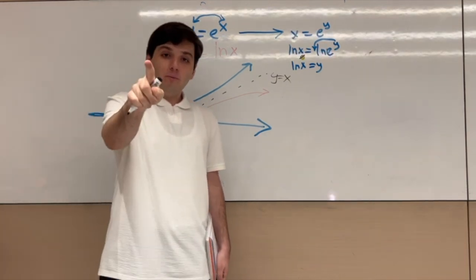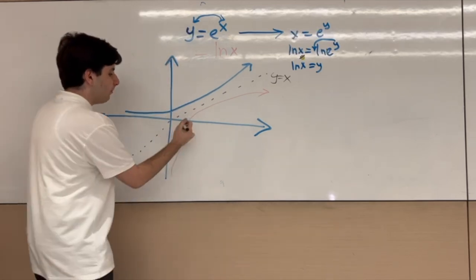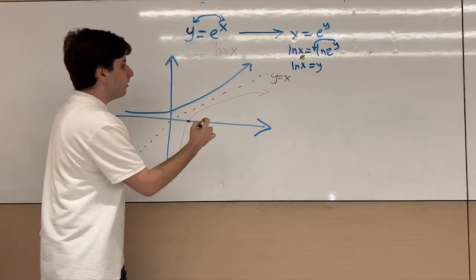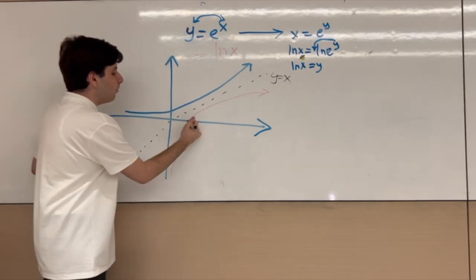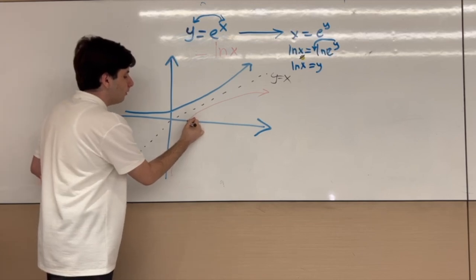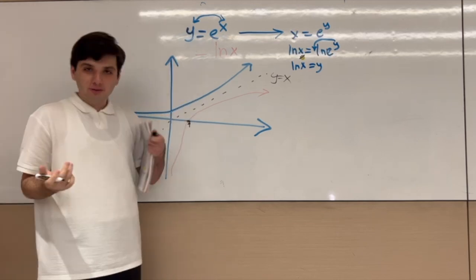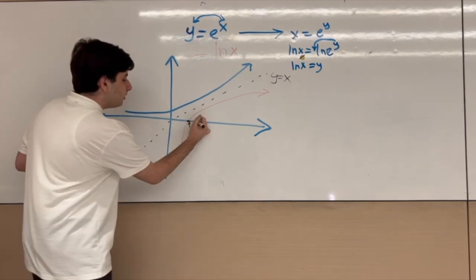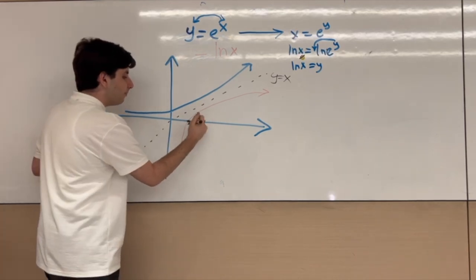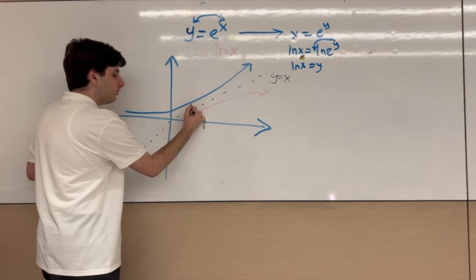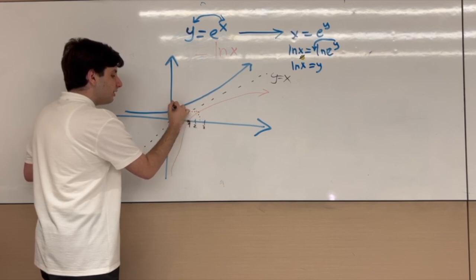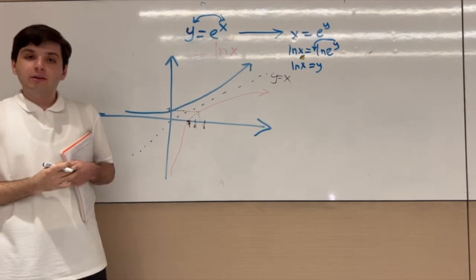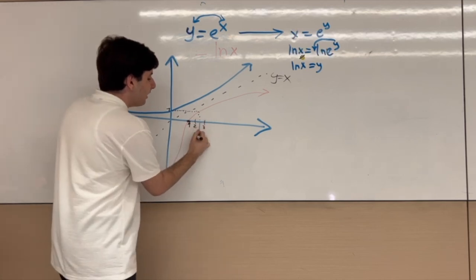I will note one more interesting part of this. When x is 1, the ln x function is 0, because ln 1 is equal to 0. But there's a number between 2 and 3 where the ln function gets 1. That's a number that we call e.